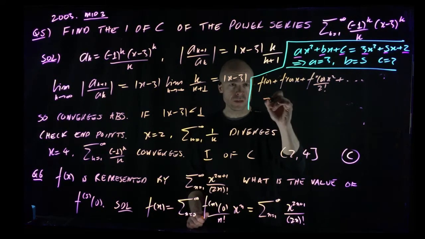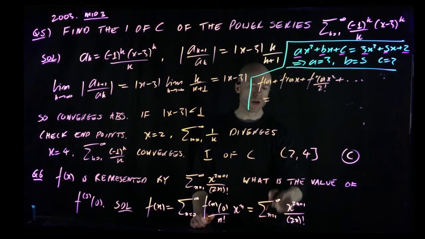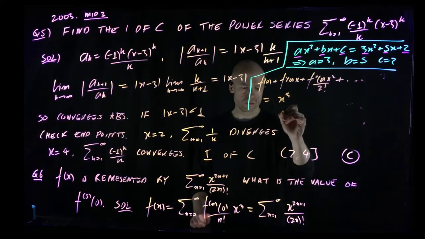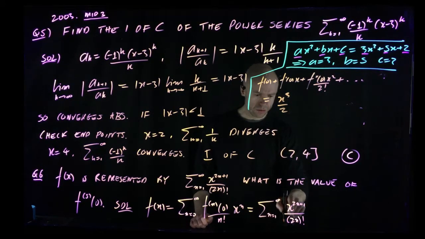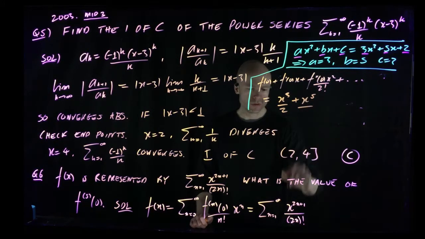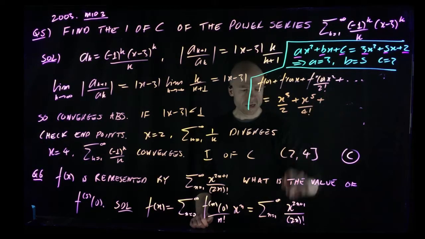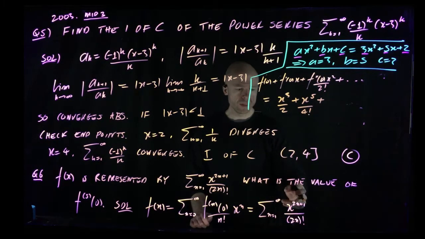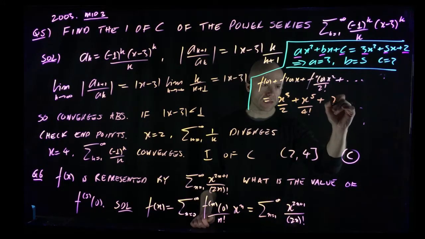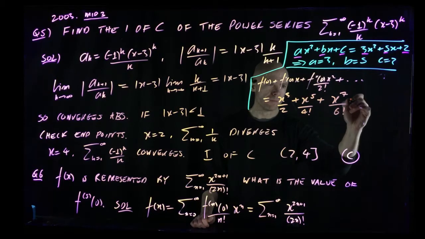And that thing has to equal this thing. So let's write out the first few terms. When n is equal to 1, we're going to have x to the 3 over 2. When n is equal to 2, we're going to have x to the 5 over 4 factorial. When n is equal to 3, we're going to have x to the 7 over 6 factorial, and so on.